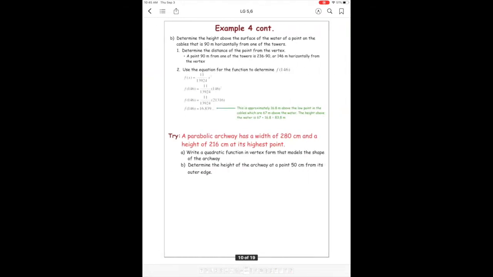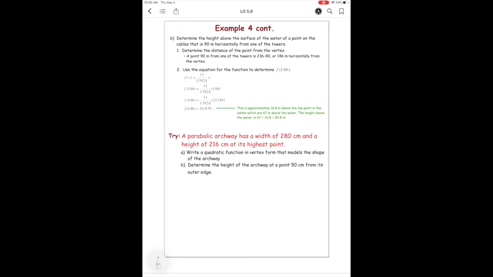Now, once you have the equation, we can answer other questions. So in this example, it wants us to determine the height above the surface of the water of a point on the cable that is 90 meters horizontally from the tower.